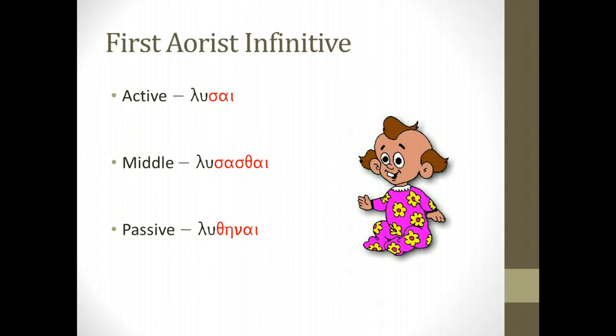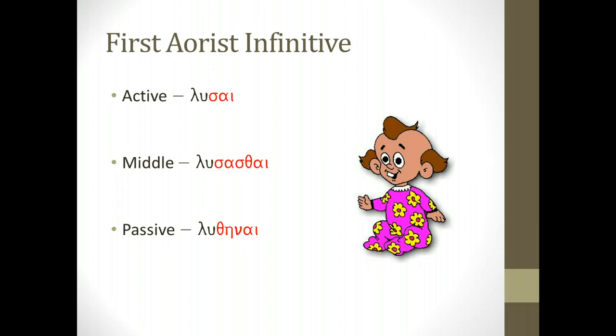Just as you learned infinitives for your present tense and your imperfect tense, you're also going to learn them for your aorist. Lusai is your active, lusasthai is your middle, and luthenai is your passive.